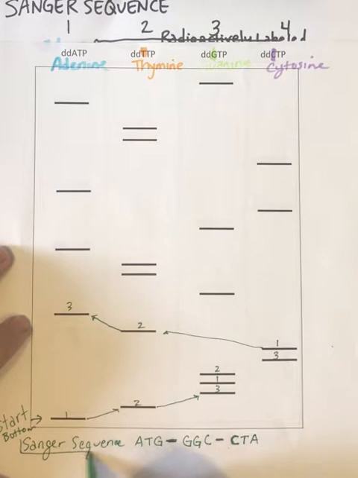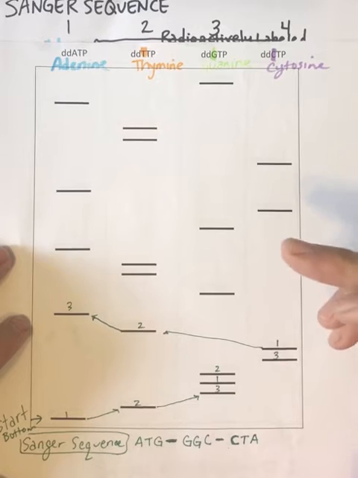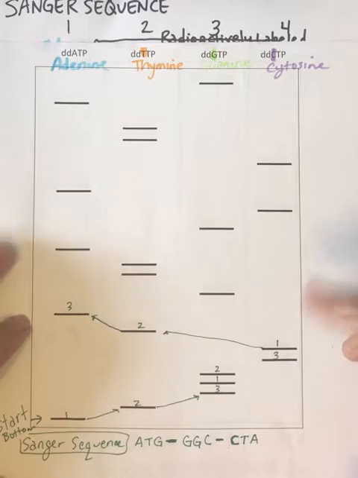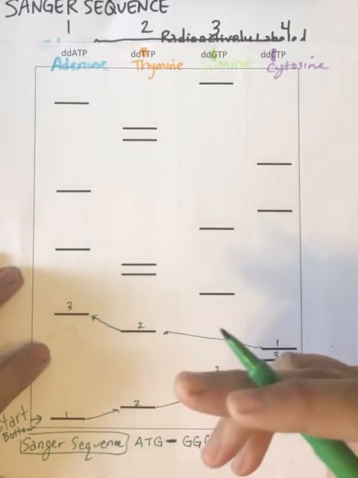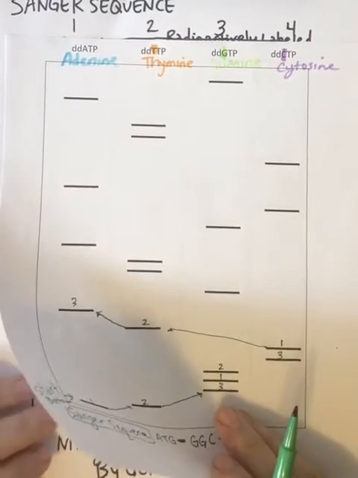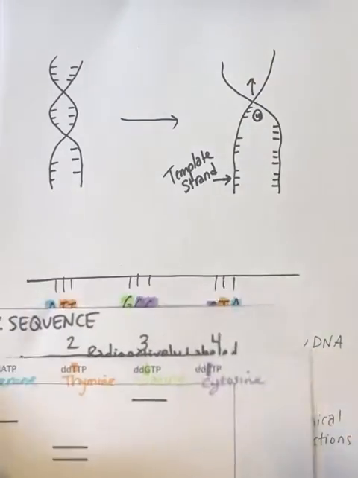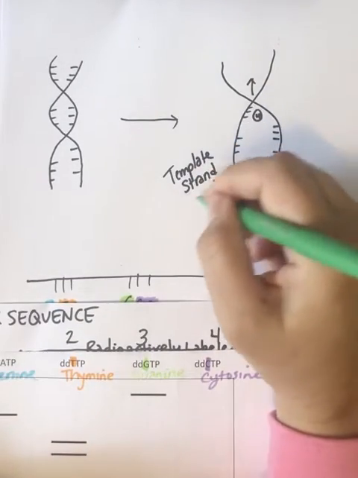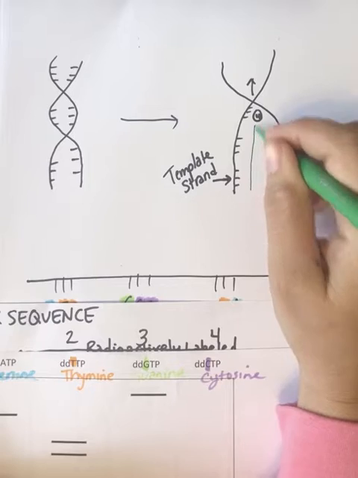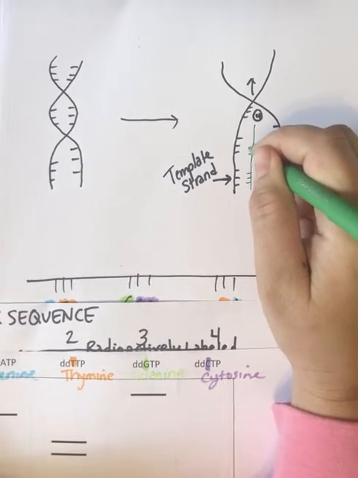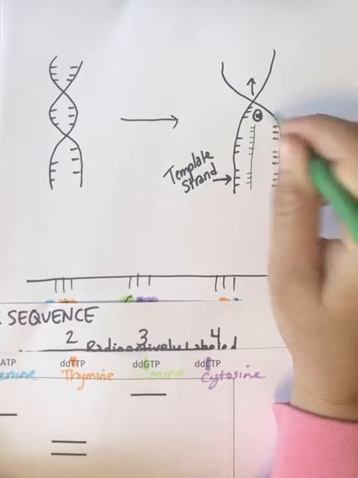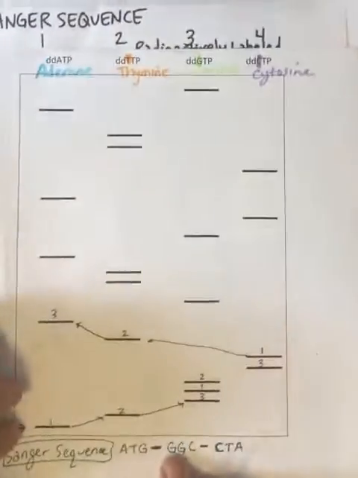Now, this is the Sanger sequence. This is only a copy of your original strand. So we use the Sanger sequence to determine the nucleotide sequence of the original DNA. So we took our original DNA and we basically made a copy. So the new copy that you're making is going to be the Sanger sequence. That's what this is.